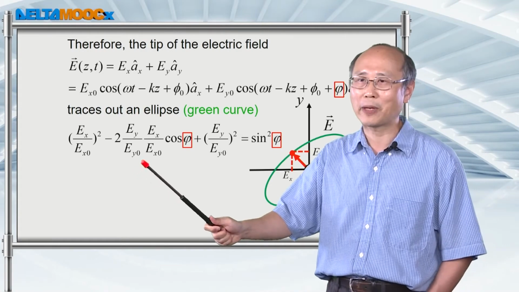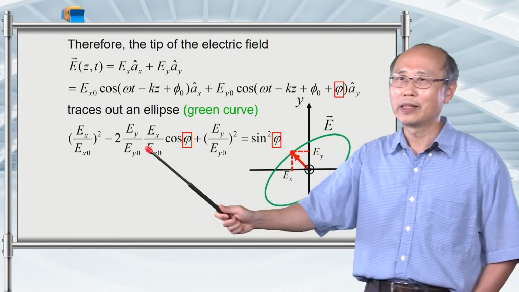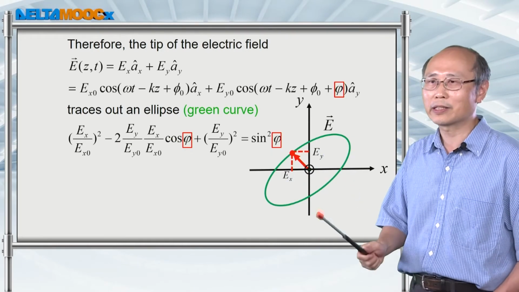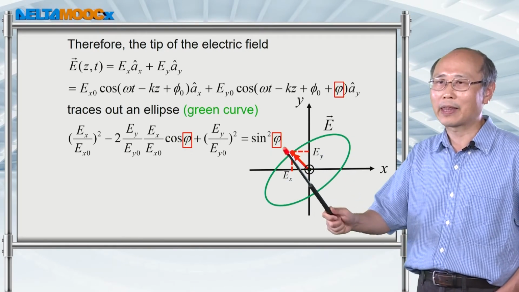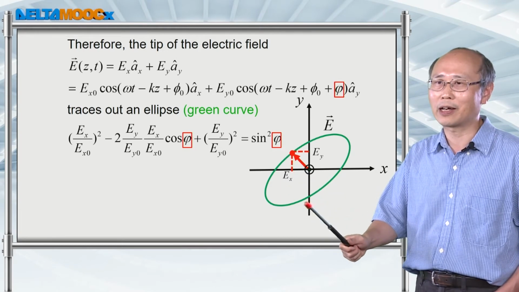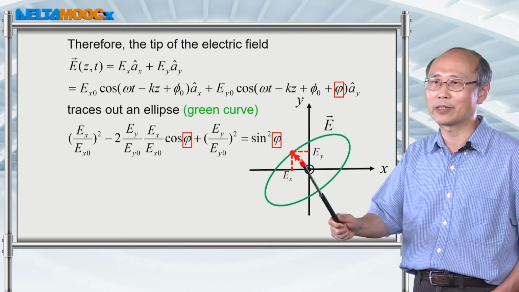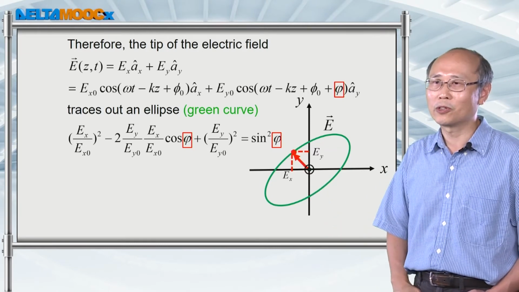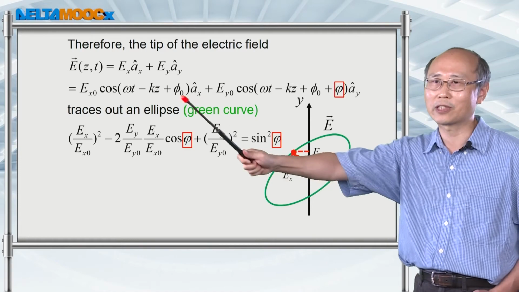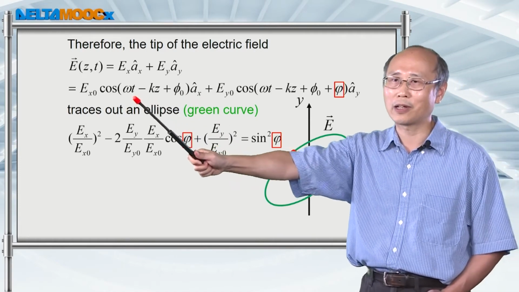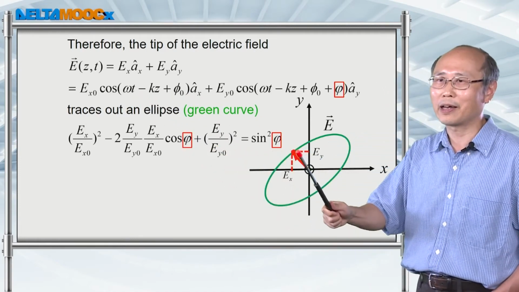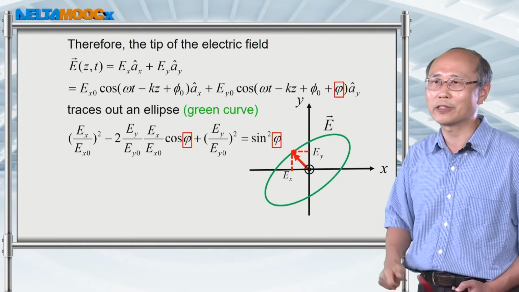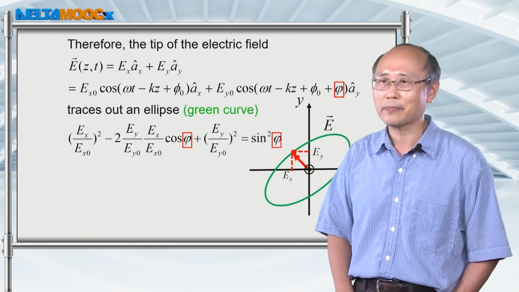And from the last page, we understand that the electric field, when plotted on this xy plane, is going to be an ellipse. And the trajectory of this ellipse will coincide with the tip of the electric field over time. So imagine that if you allow this time to start to tick, then the tip of this electric field is going to trace out this ellipse on the xy plane.